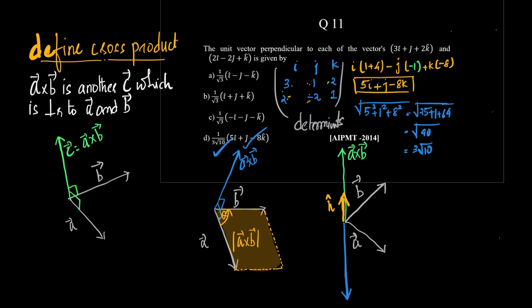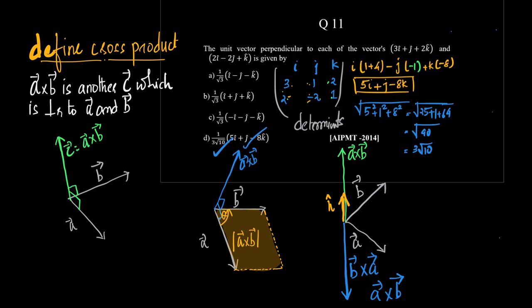Can you guess what that would be? This vector is what we call vector B cross A, or this can also be expressed as minus A cross B.